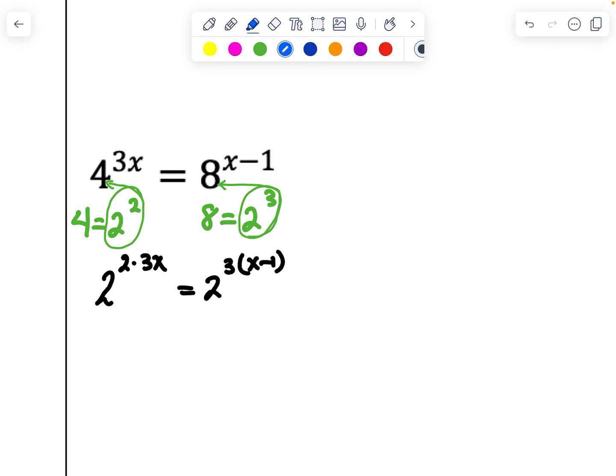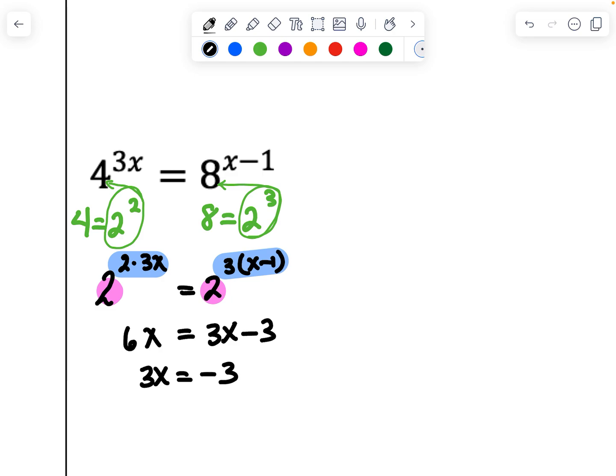So then I am going to simplify these. And these are now the same, so they're going to disappear. So I have 6x is equal to 3x minus 3. 3x is equal to negative 3. x is equal to negative 1.